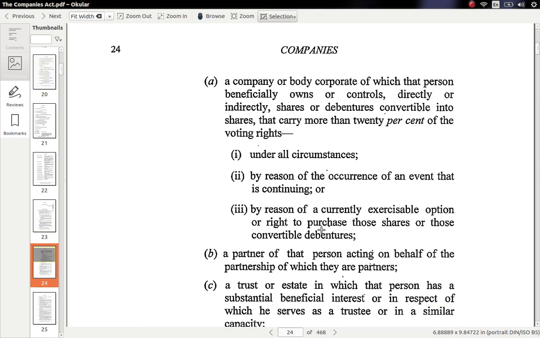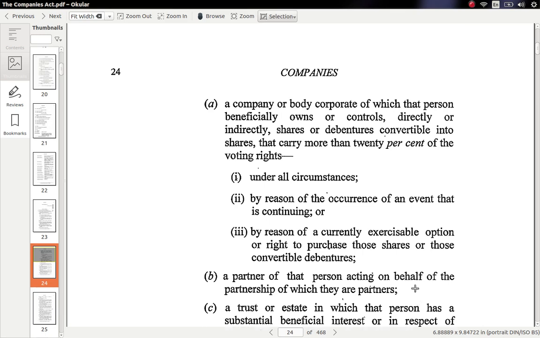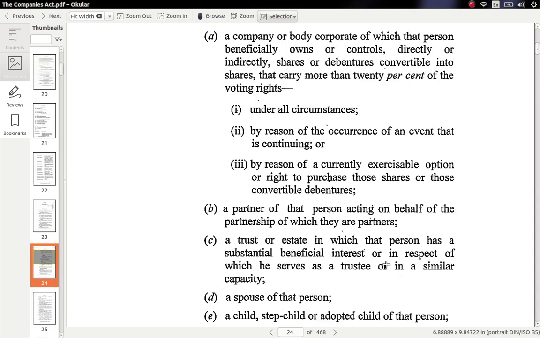An associate can be a partner of that person acting on behalf of the partnership of which they are partners, or an associate is a trustee, a trust or estate in which a person has a substantial beneficial interest or in respect of which he serves as a trustee or in a similar capacity.